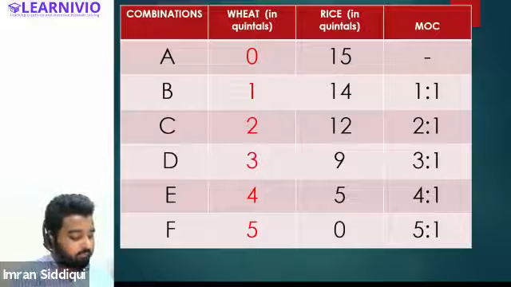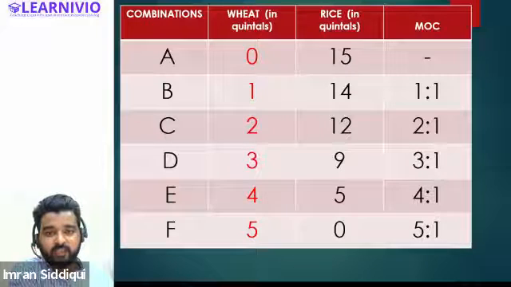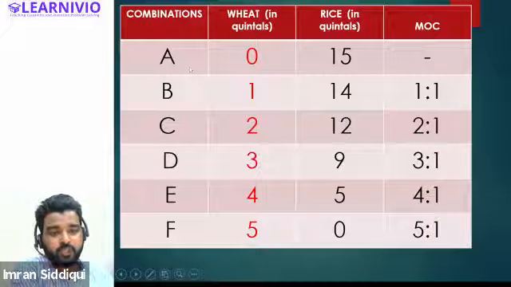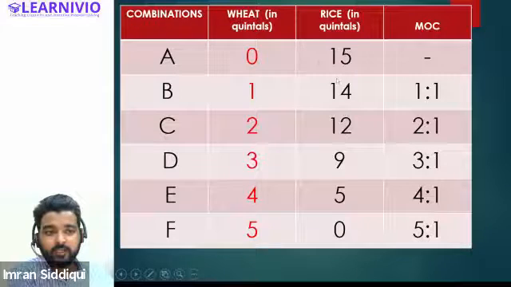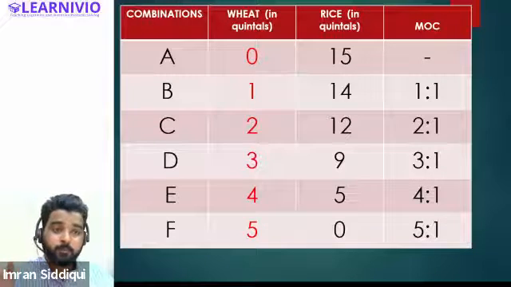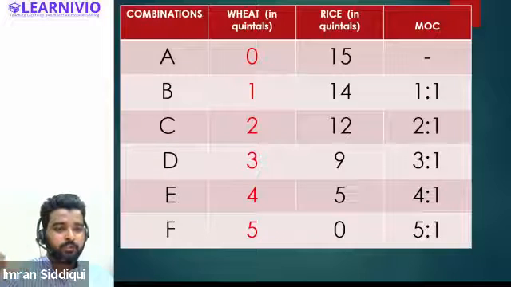See, we have also taken this example on the PowerPoint. Suppose we have the various combinations A, B, C, D, E, and F. In combination A, you can see that the producer is only producing rice, 15 quintals of rice, which basically means the producer is allocating all of his resources, all the land, all the labor, and all the capital, to the production of rice only.